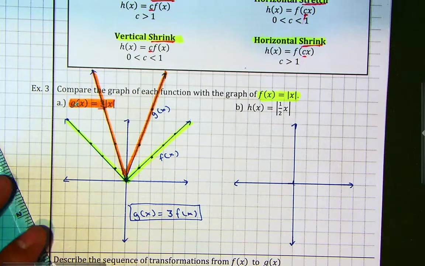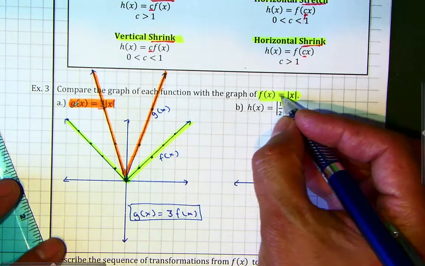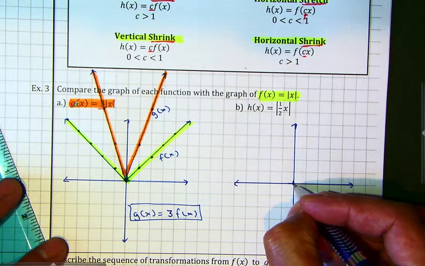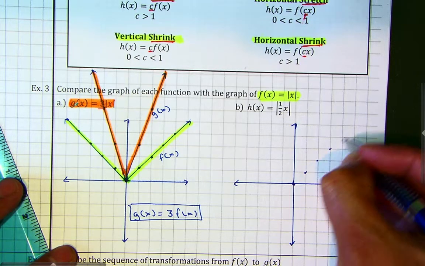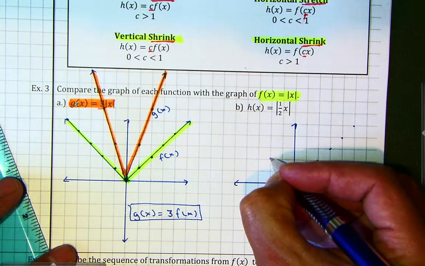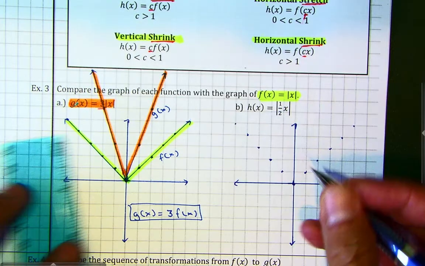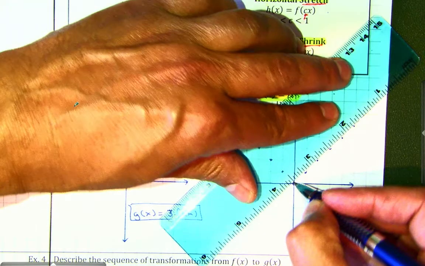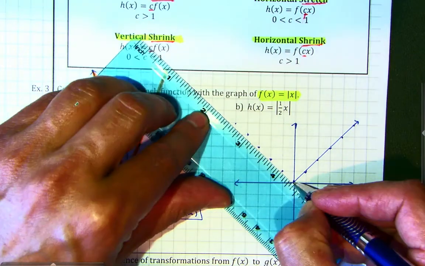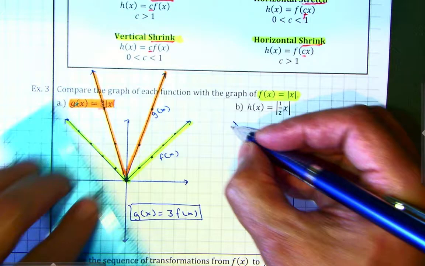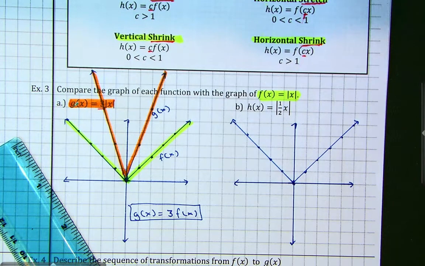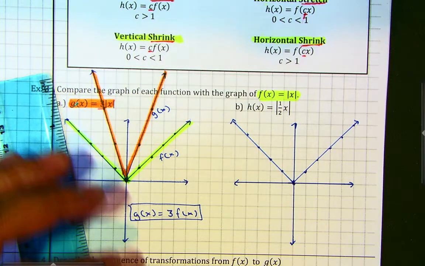And now I'm going to graph my parent graph of the absolute value 0, 1, 2, 3. I'm going to highlight it in yellow.